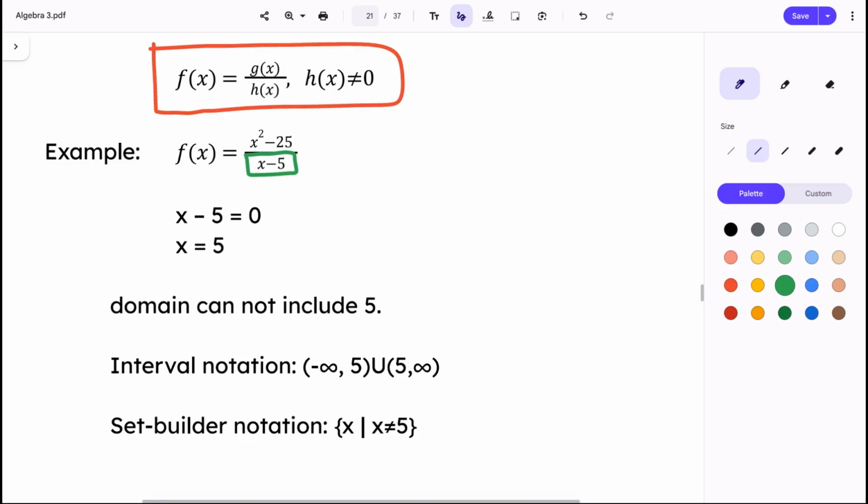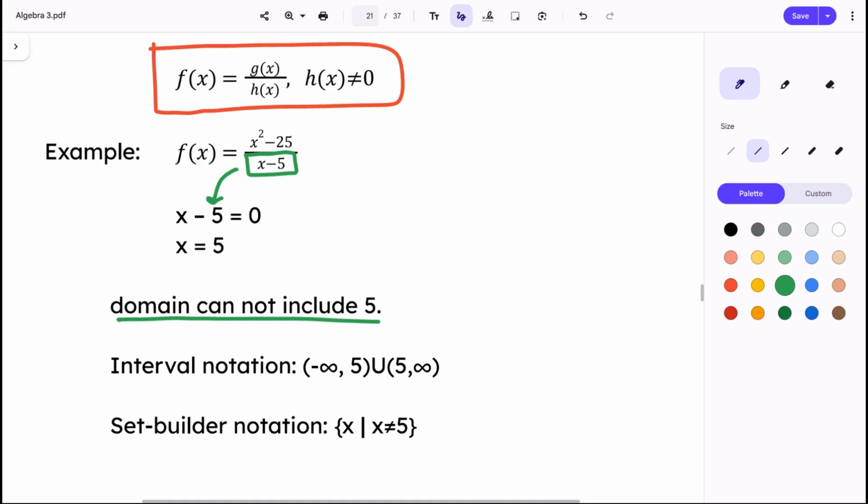So you can see what they did here is they're just setting it equal to 0, and they're solving for x, and you get 5. So the domain cannot include 5, because if it is 5, our bottom becomes a 0, and we can't have that on a fraction.